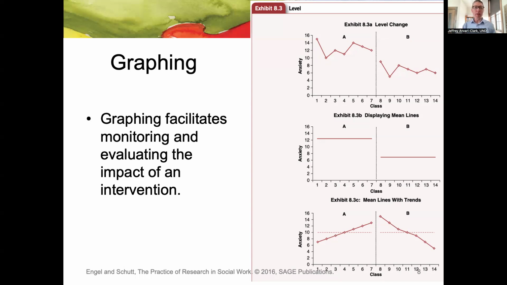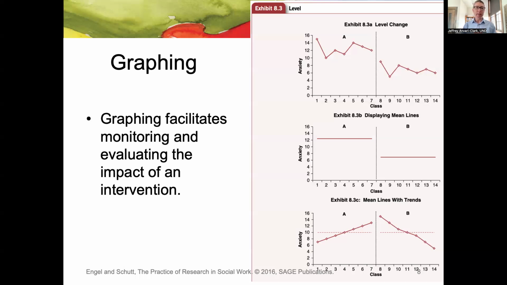So what you can see here in all three of these different graphs, A, okay, that's the period where we're getting the baseline, and then B is after the intervention. In this case, they attended a class, and so that's the horizontal dotted line between day 7 and day 8.